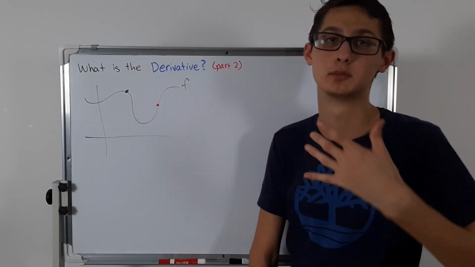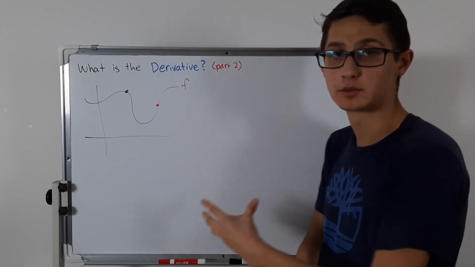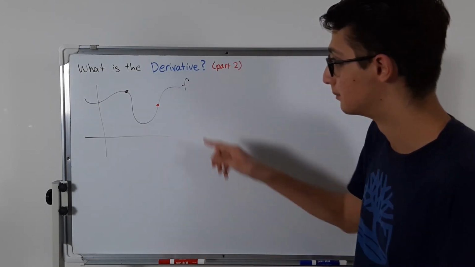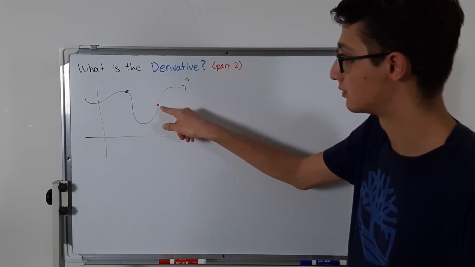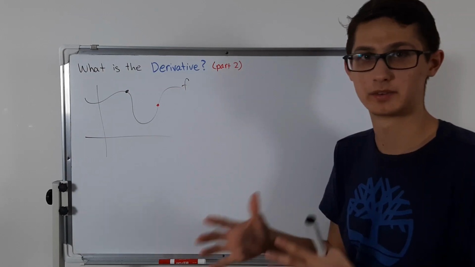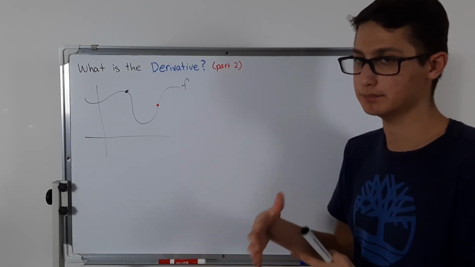Not exactly 0, but pretty much. That's one approach. The other approach is saying that this x value is moving closer to the other x value. They're very related, those two approaches.